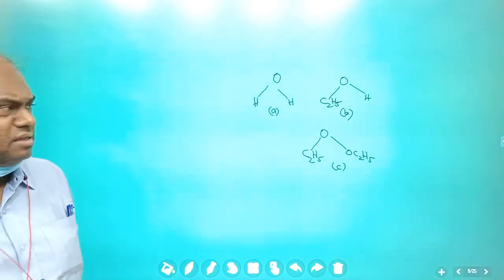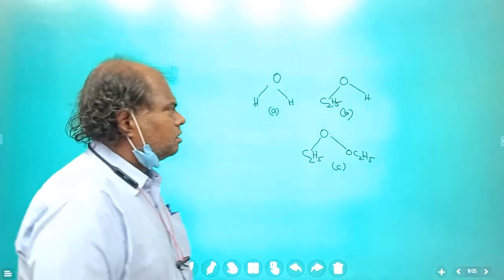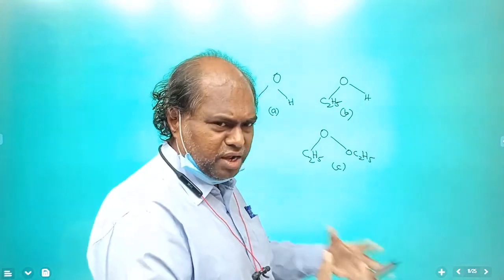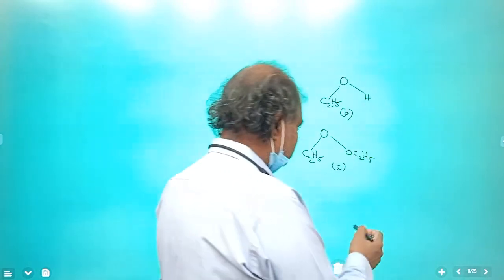Arrange them in the order of bond angles. When you arrange it, you have to know that the C2H5 group is quite bulky.